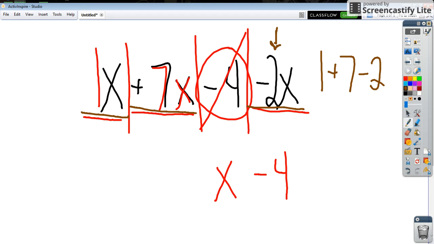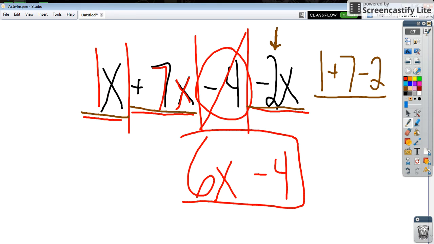Remember, coefficients are simply the number in front of the variable. When we look at the coefficients, it kind of makes its own expression. Then you just add and subtract left to right, order of operations. 1 plus 7 is 8. 8 minus 2 is 6. And remember, we're talking about x's, so that's 6x. Our expression is simplified. That's as simple as we can get: 6x minus 4.